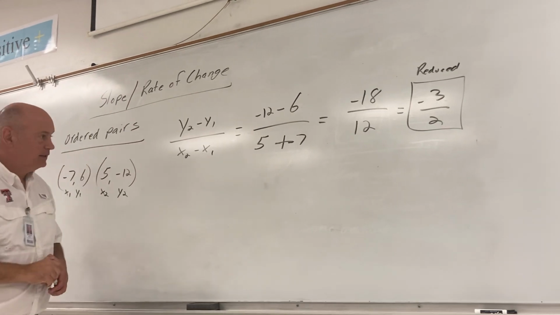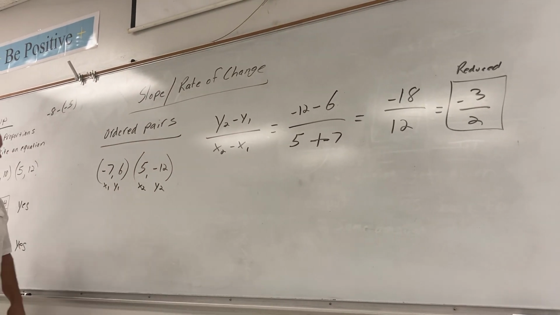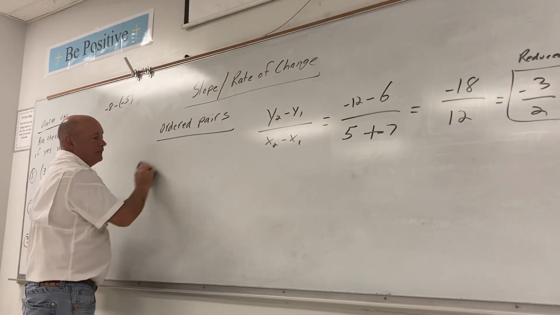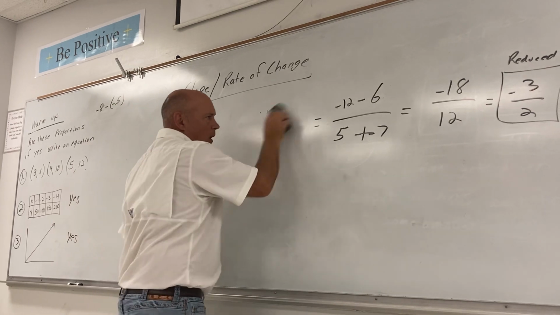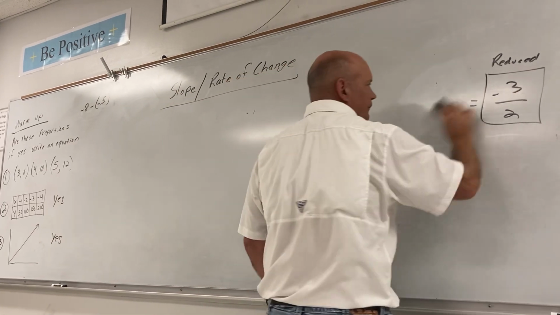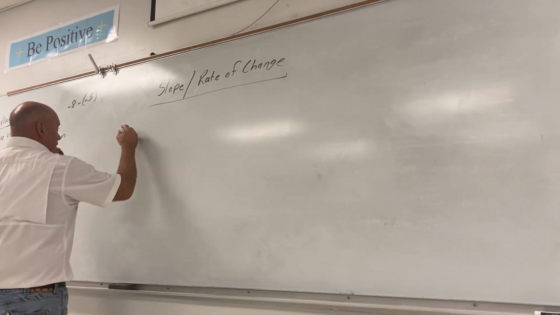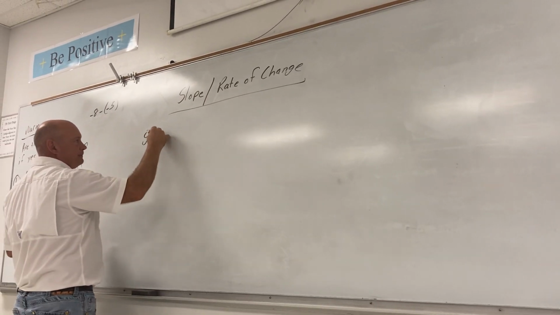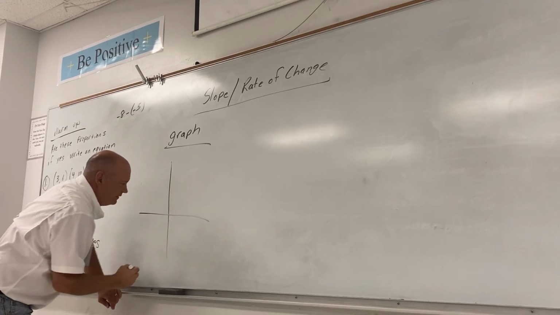All right. And lastly, let's look at graphs. That's our third and final way to find the slope. Let's say they give us a graph, and let's make it fairly easy.